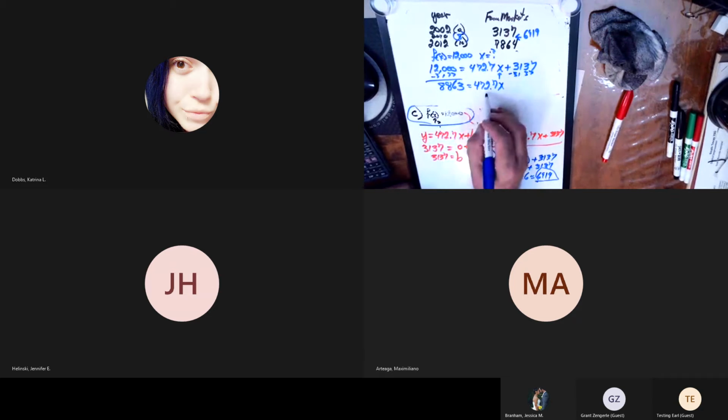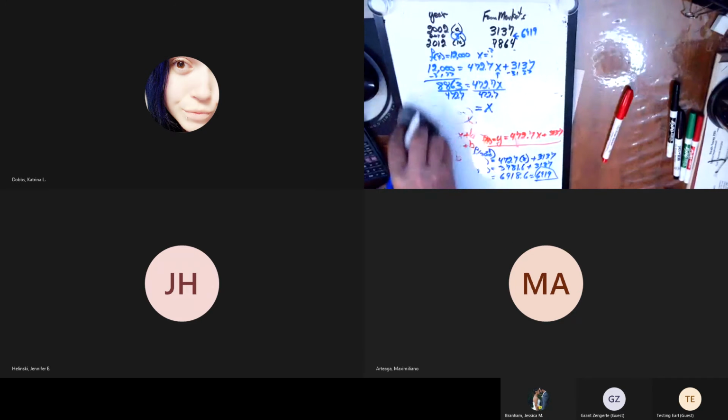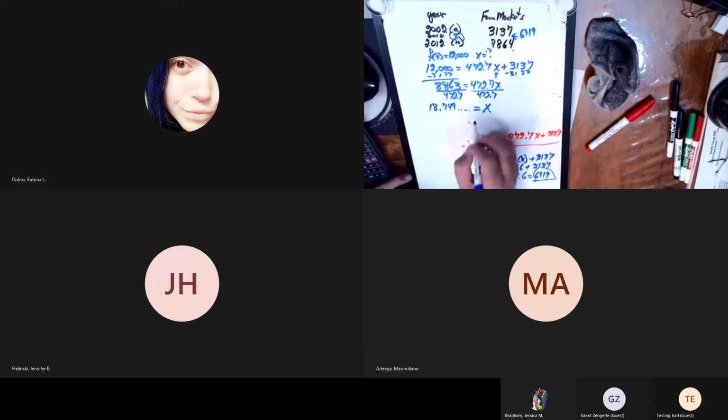I now want to get x by itself, so I'm going to divide both sides by 472.7, and I get x is equal to 18.749 and so on. So x is approximately 19.